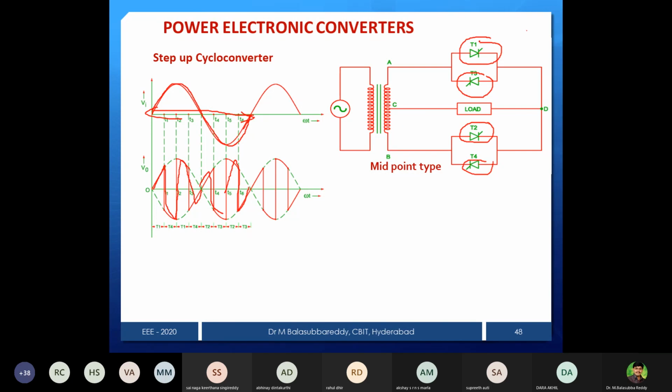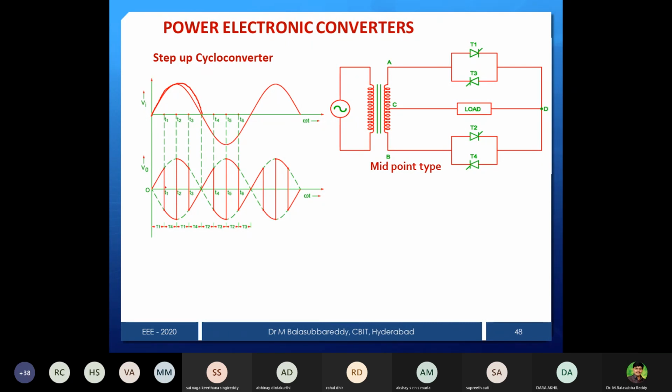But earlier we allowed the device to conduct up to pi. Once T1 is conducting, the device is going to conduct up to pi. But now if I allow the device to conduct up to pi, I will not get this many cycles within the half cycle. You can see this is only one half cycle, but I am getting 2 cycles in the output.